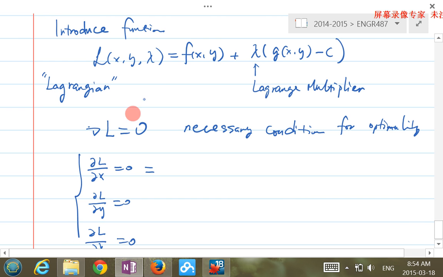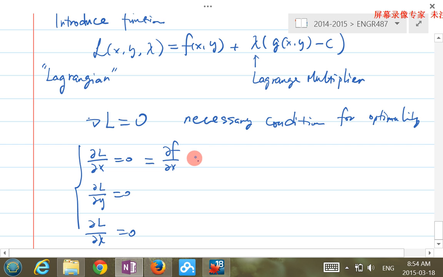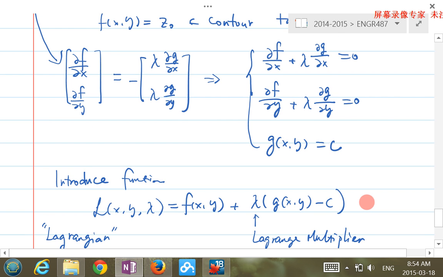So you look at this one here. What does partial L over partial x give us? Function of multivariables. Partial f over partial x plus, expanding that, lambda partial g over partial x, right? That's this one here.